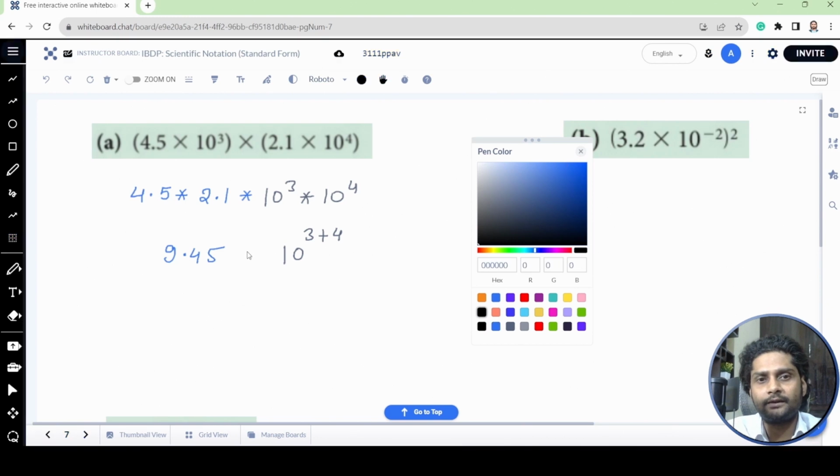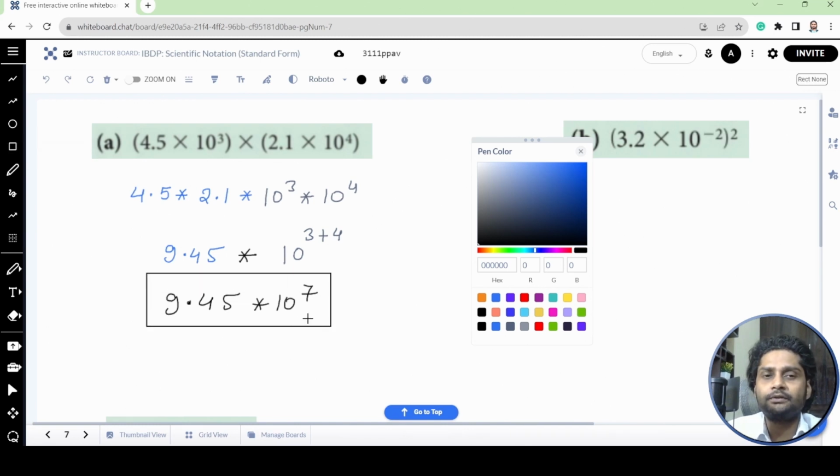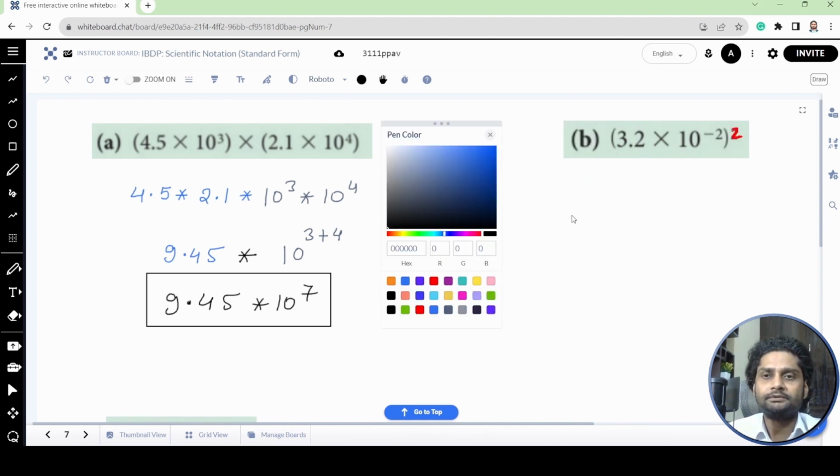But right now it's okay. So we've got 9.45 times 10 raised to the power of 7. And that's your answer. The answer is already in the standard form because the first number lies between 1 and 10.